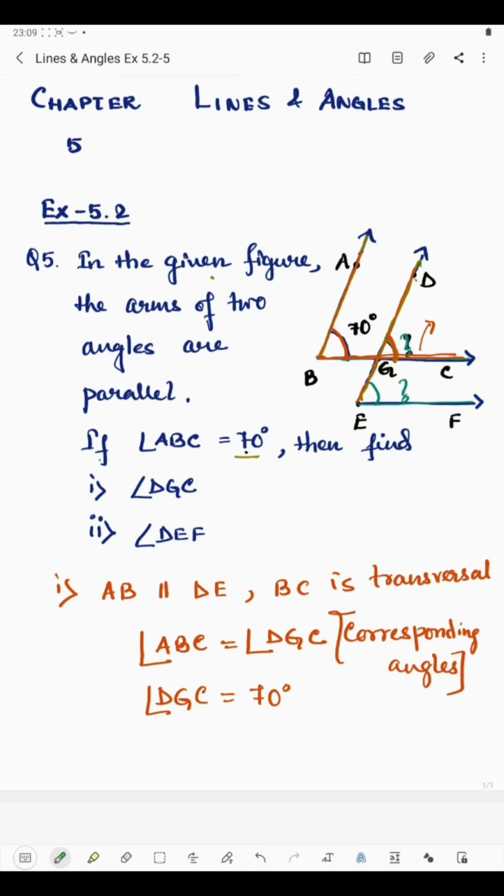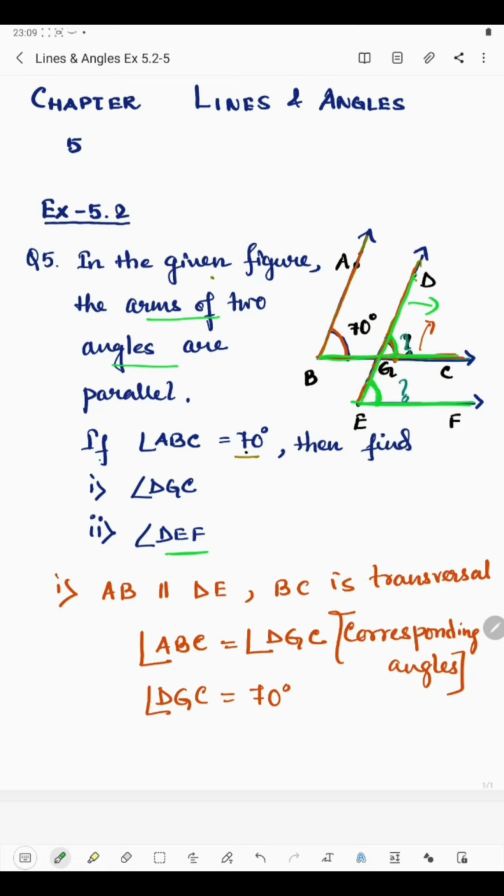Now coming to the second part. In the second part we have to find the angle DEF. Now we will consider these two as parallel lines, as it is said that arms of the angles are parallel. When we are finding angle DEF, that time BC and EF will be the parallel lines and DE will be the transversal. Now see the right hand side of the transversal.